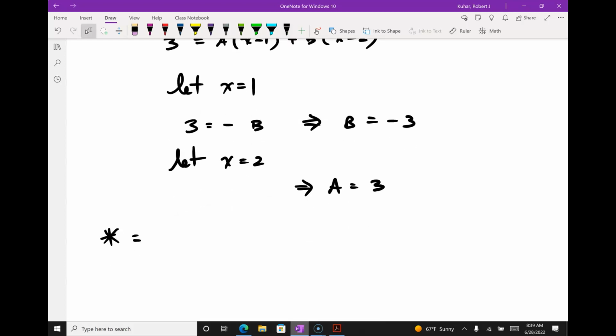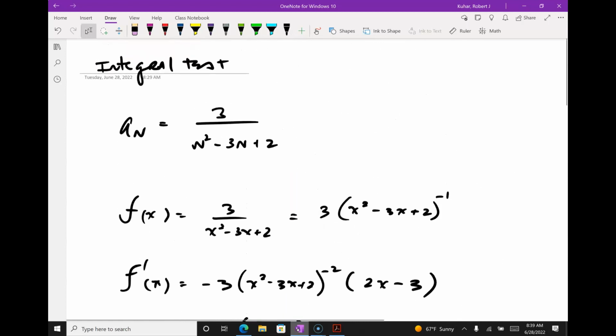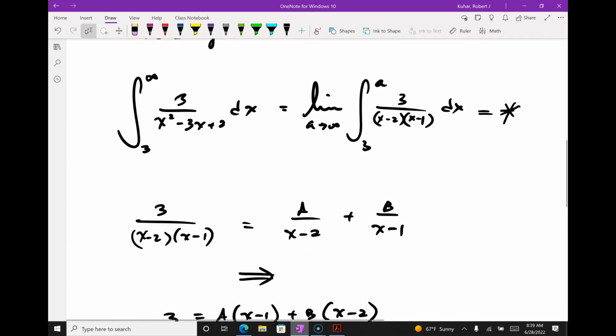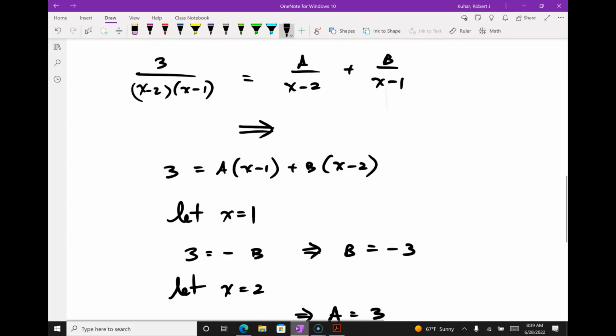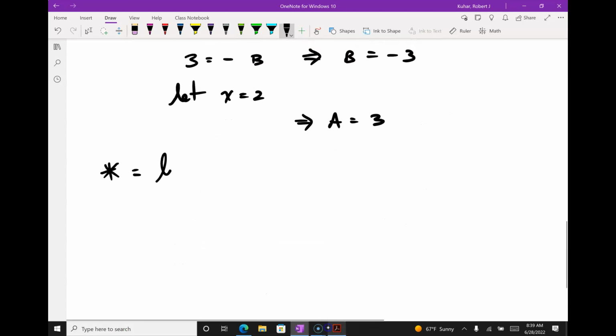Good. So now I called my original integral star, right here. I'm working on this piece of it, right? I still need the limit as a goes to infinity of two integrals now, right?